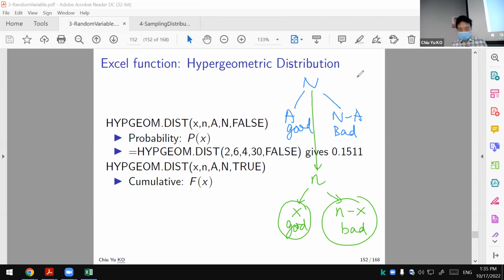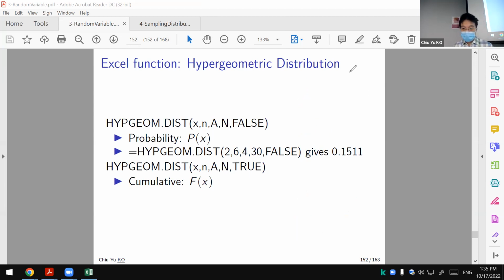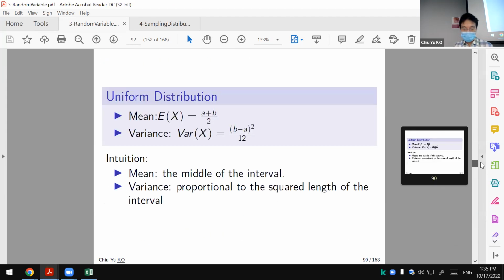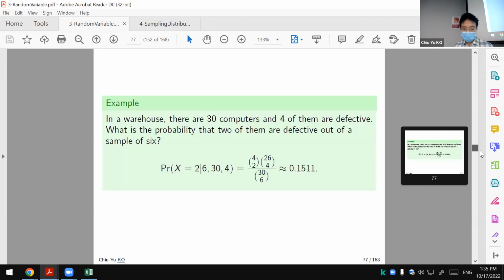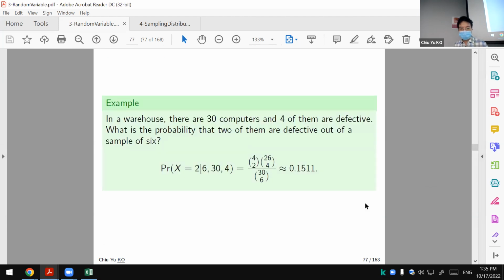So let's again see what we have done. Here we have 30 computers in the warehouse, 4 of them defective. We are going to take a sample of 6, right?